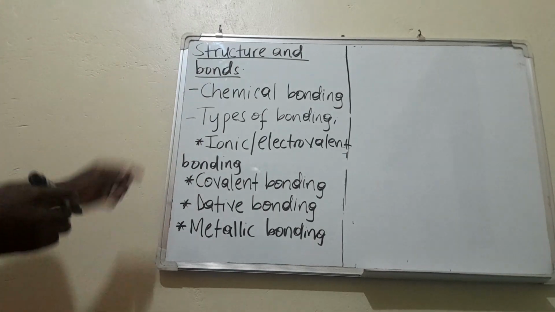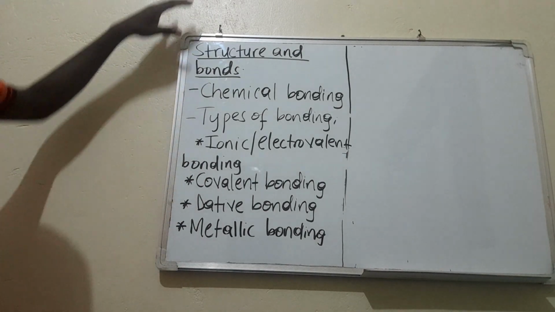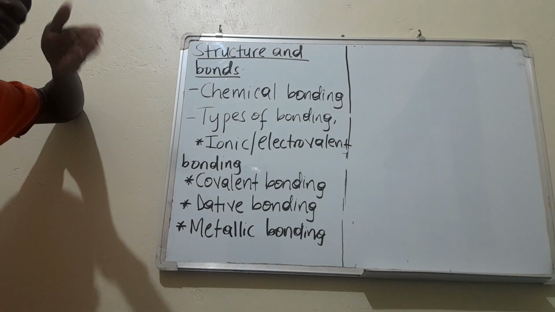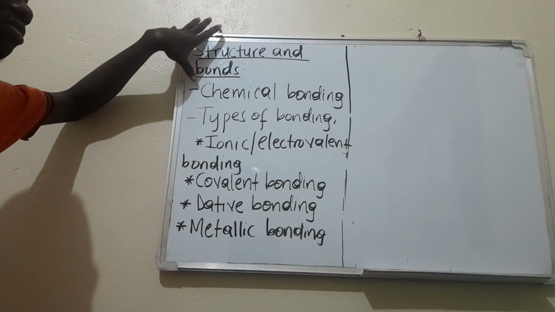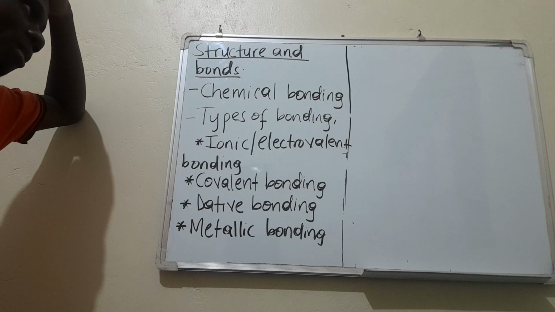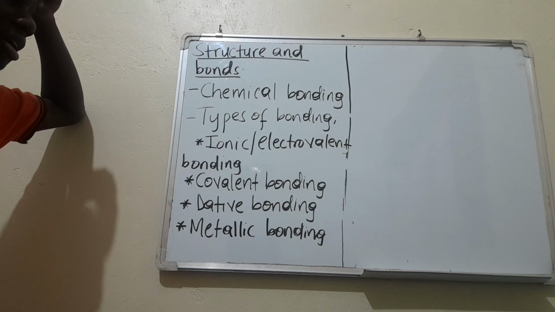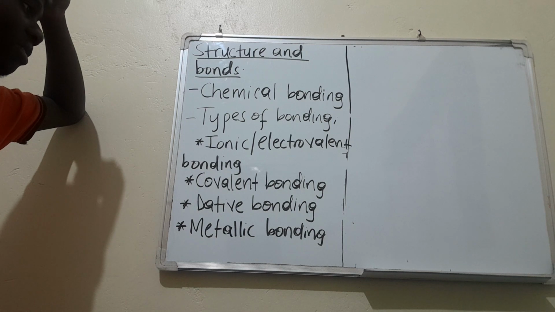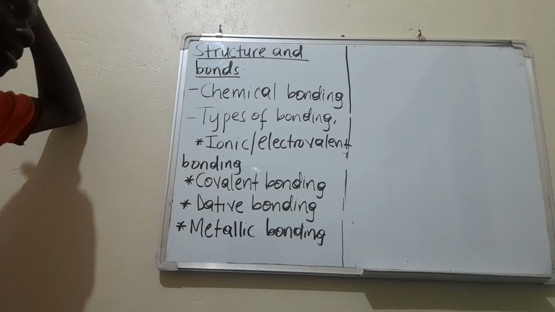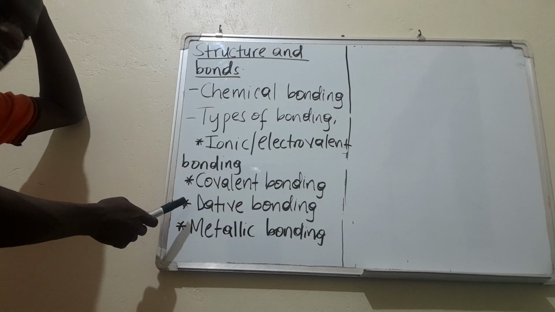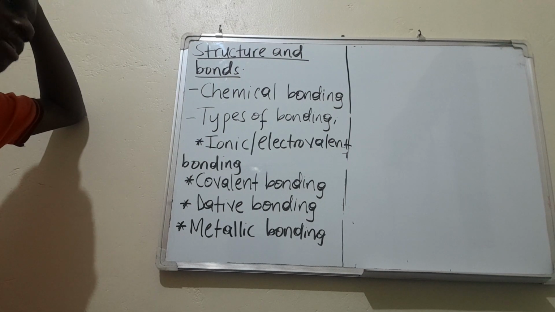So by the end of this chapter of structure and bonds, you should be able to explain what the concept of chemical bonding means, what it entails. Then you should also be familiar with the concept of ionic, covalent, dative, and metallic bonding.